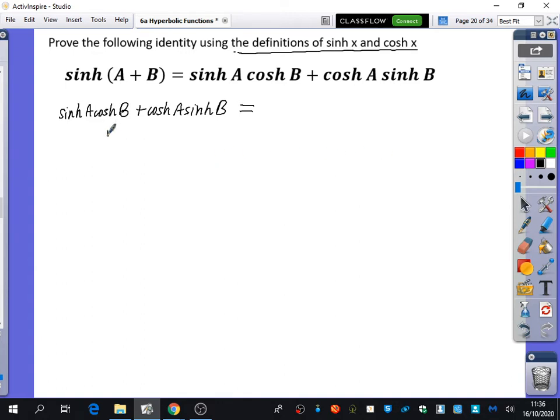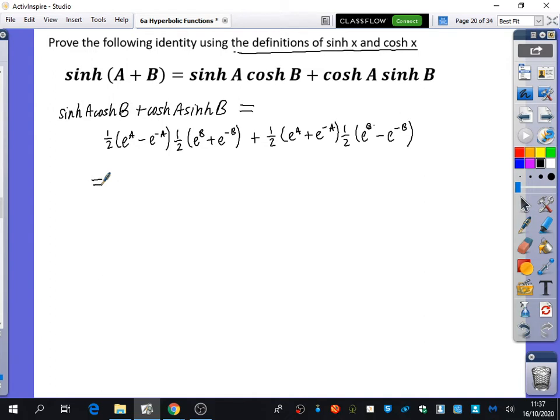So I've got sinh A is going to be a half e to the A minus e to the minus A, and cosh B is e to the B plus e to the minus B. And I'm going to add on cosh A, which is a half e to the A plus e to the minus A, multiplied by a half e to the B minus e to the minus B. This will work out very quick now.